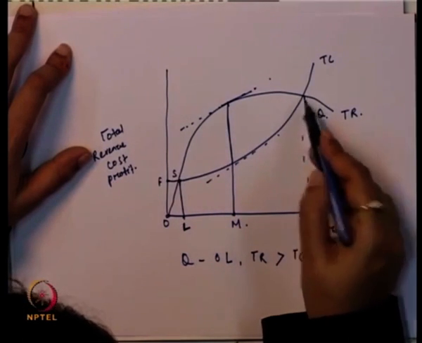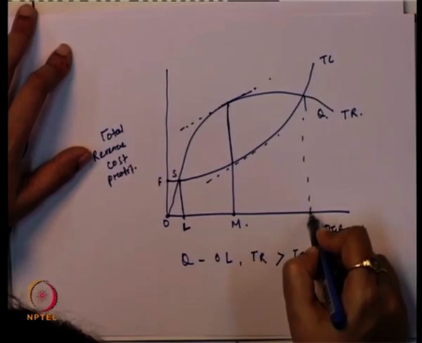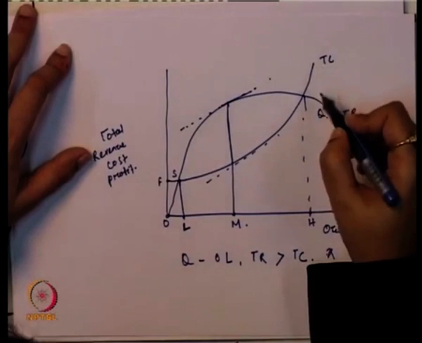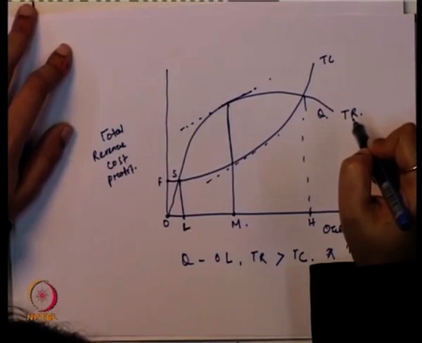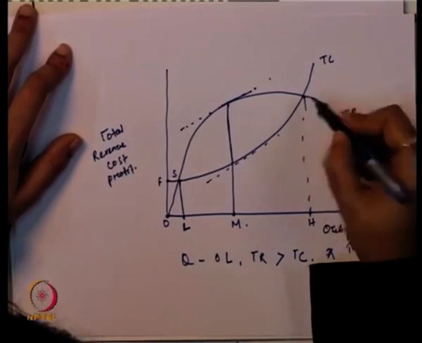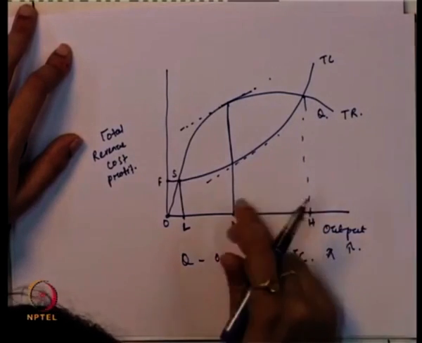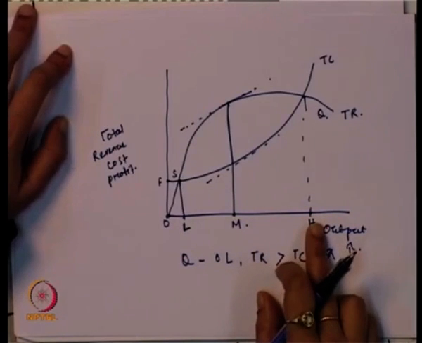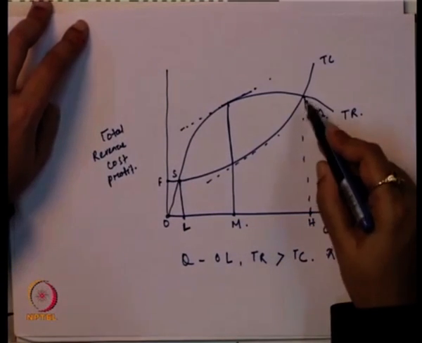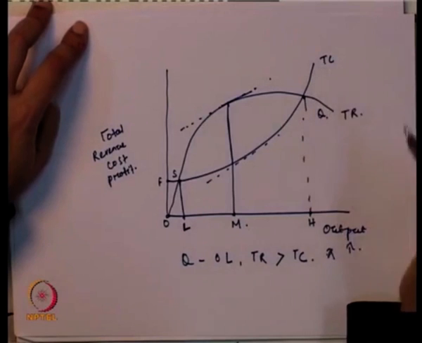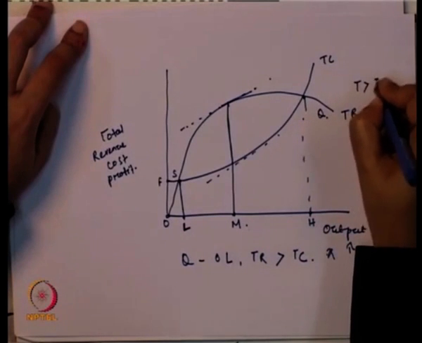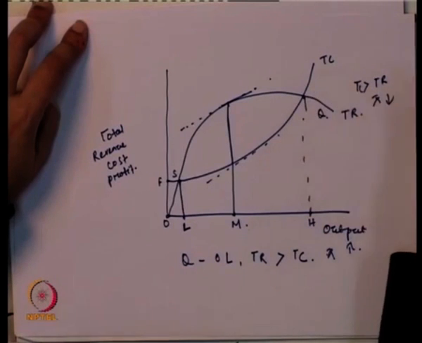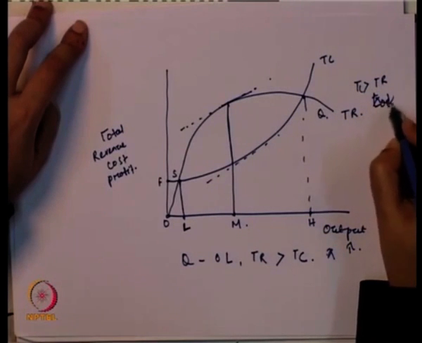This continues until the level of output OH, and beyond this, total cost is more than total revenue. The firm may think of producing from M to H, even with decreasing profit, but not beyond this, where total cost is more than total revenue, which is actually a case of loss.